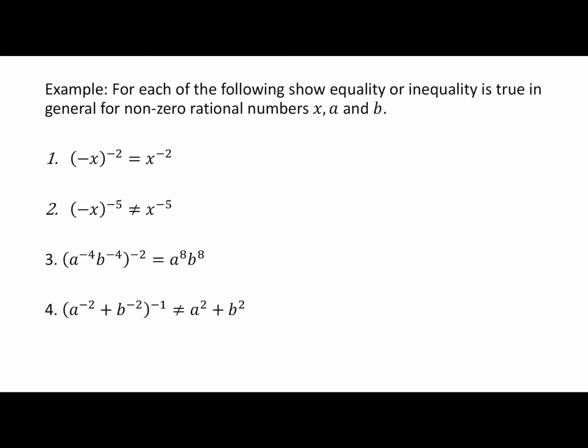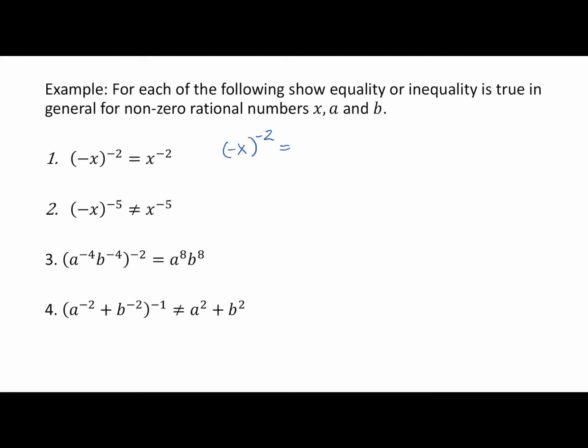So I want to show that the equality or inequality is true in general for rational numbers x, a, and b. So let's start with number 1. I have negative x to the negative 2, and I want to show that's equal to x to the negative 2.